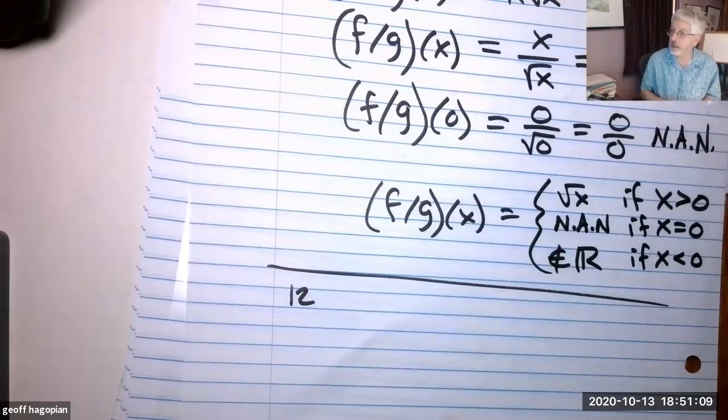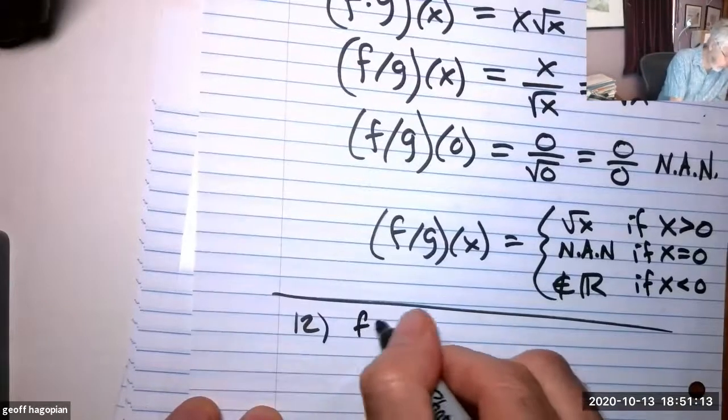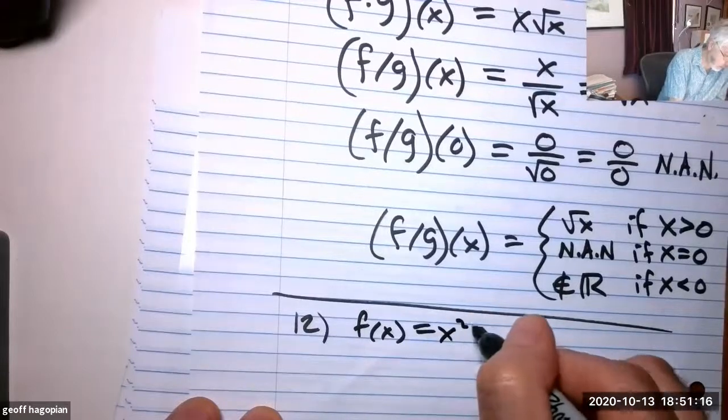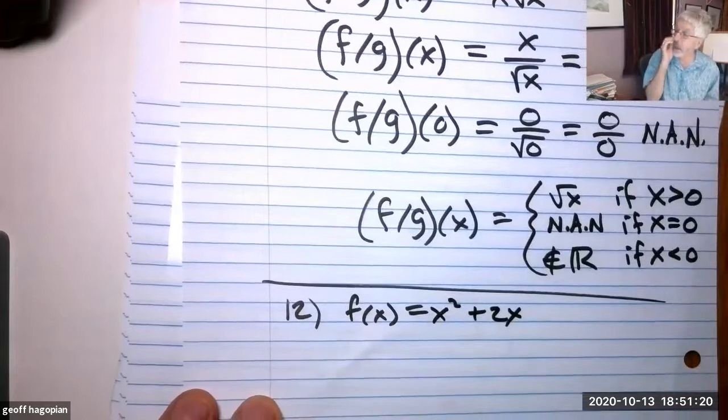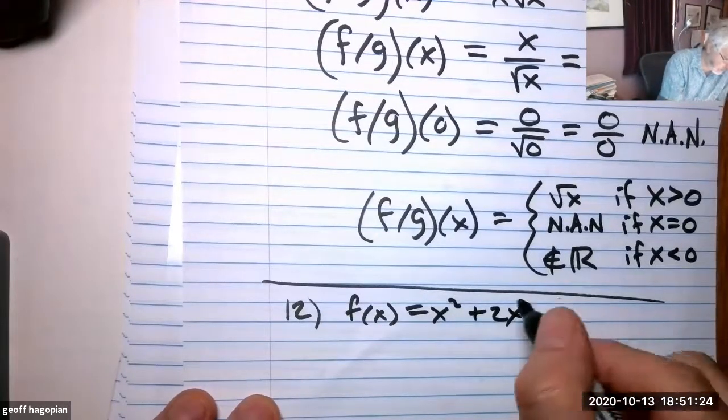Okay. 12, we got f of x is x squared plus 2x, and g of x is 3x squared minus 1.